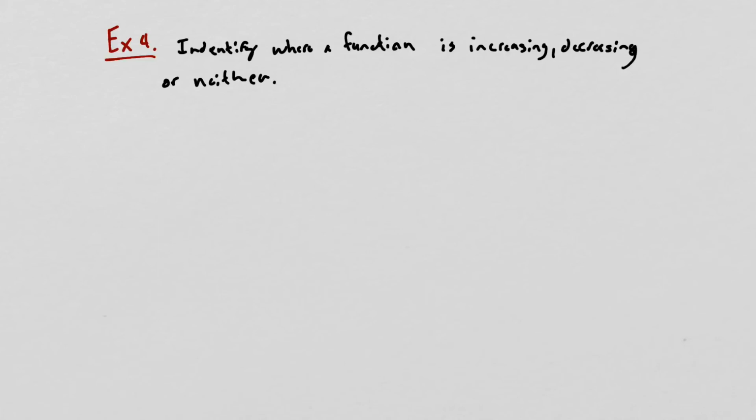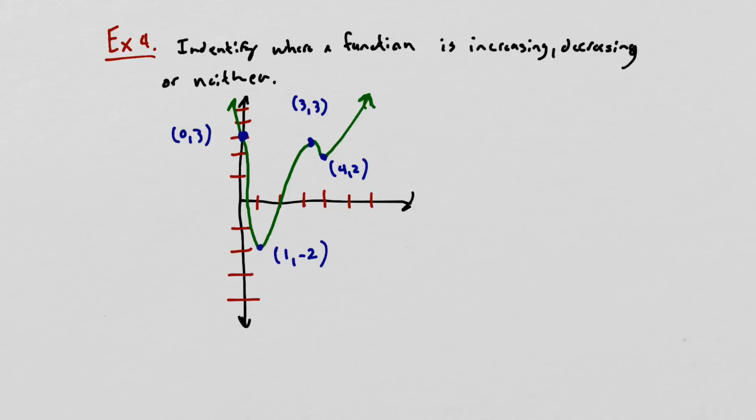I'll go ahead and draw the graph, and then we'll get started. All right, so here's the graph here. And because the graph is a little wonky, I already filled in some of the points. But to identify where a function is increasing and decreasing, we need to real fast identify where our local max and local min are.